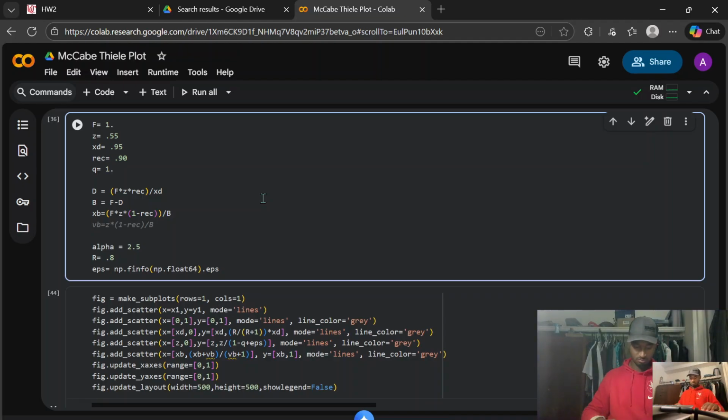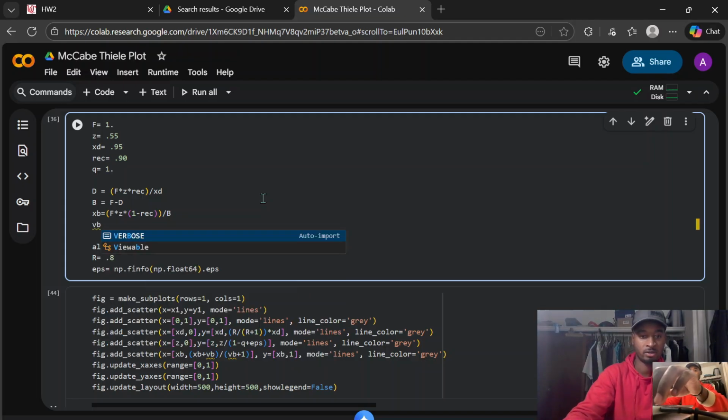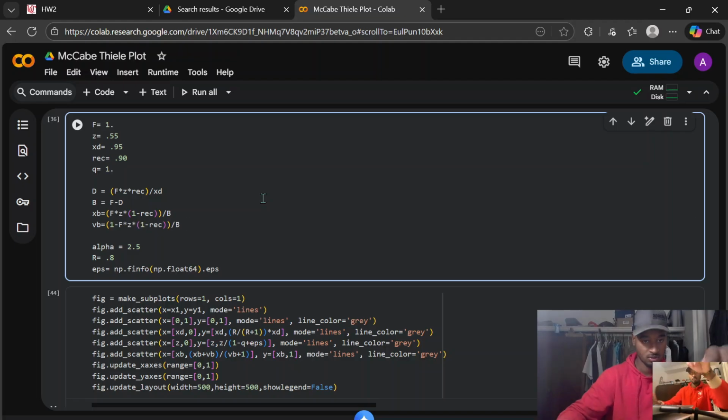So if we look through, that was the equation that I put in earlier, that VB is equal to, looks like it had it there for a sec. VB is equal to, let's see, nope, that's not it.